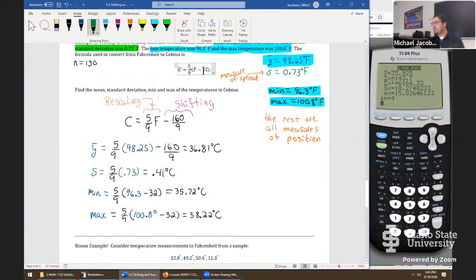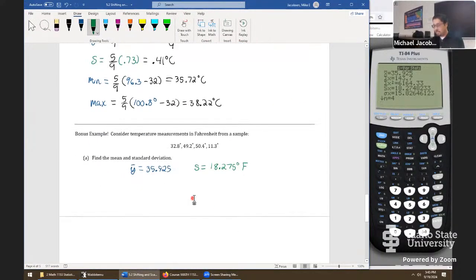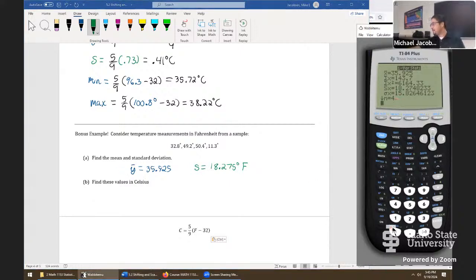And like we did before, we can use this formula to convert them. Let's say part B, find these values in Celsius. And let's put down the formula just for quick emphasis. Because this one's a measure of position, we would use the full formula. So let's just do that one more time, see how it goes.